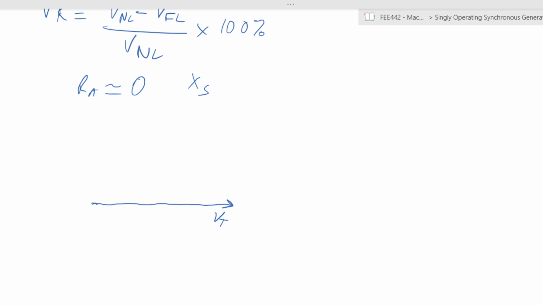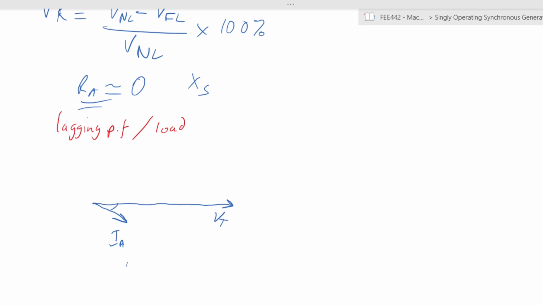So if your current is at that angle, let's say it is lagging, and let's call this a lagging PF, or a lagging load that is being supplied, so that your current is at an angle that is lagging. The value of jIAXS, which is applied here, we've already said we are going to disregard the resistance.